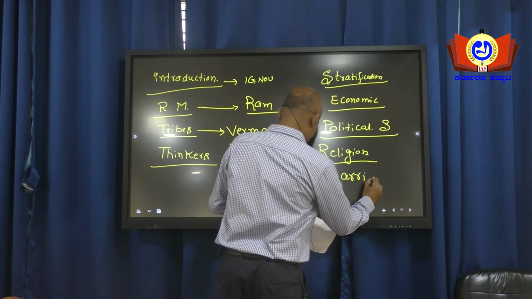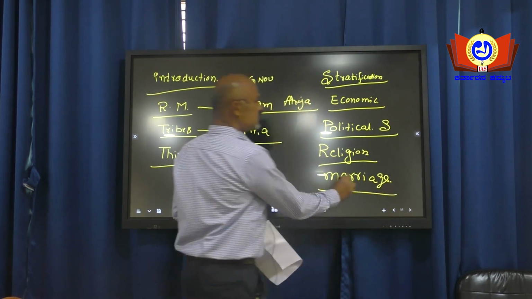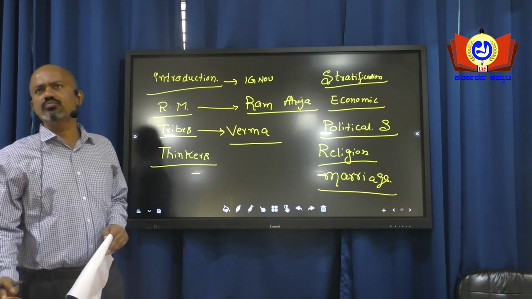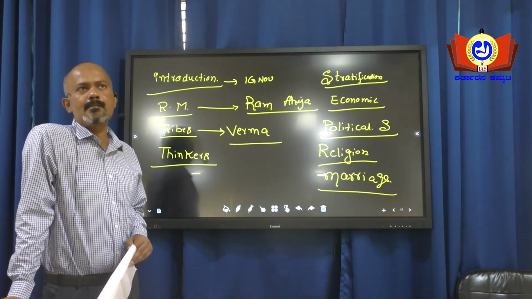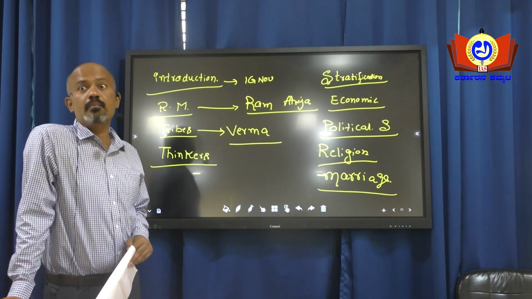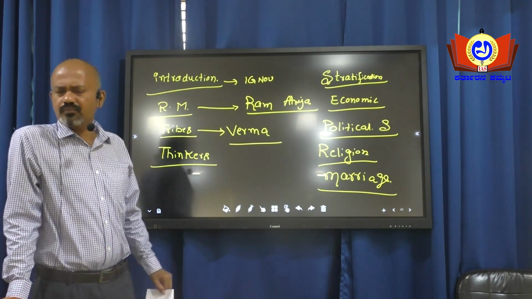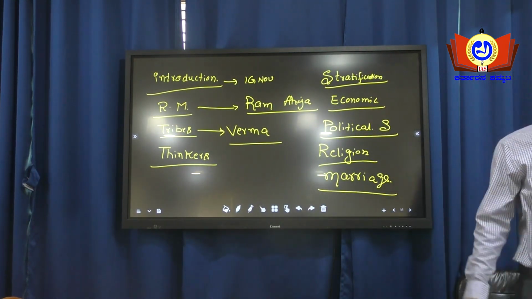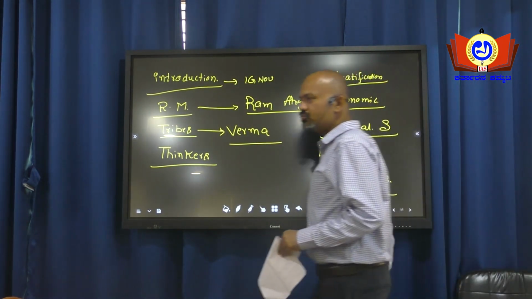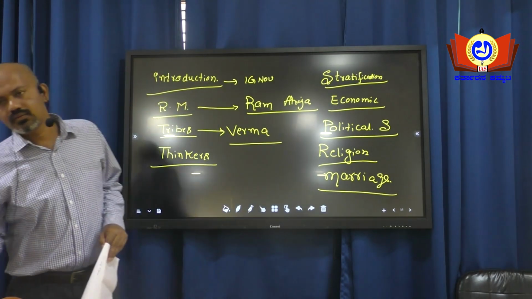The next concept is marriage. For marriage you can take the Mujumdar book, or you can take Ember and Ember, any one book. Mujumdar or Ember and Ember, E-M-B-E-R. Should I tell the spelling of Mujumdar or do you know?